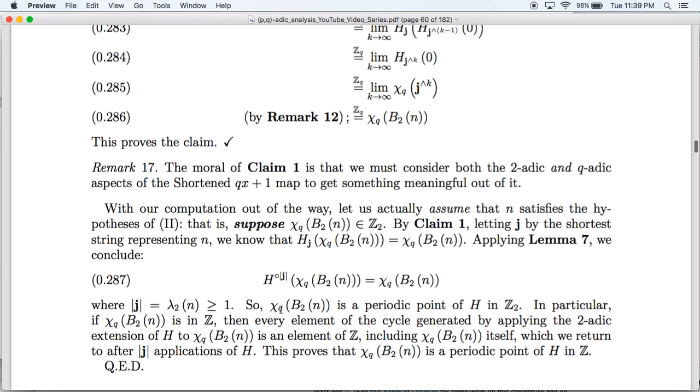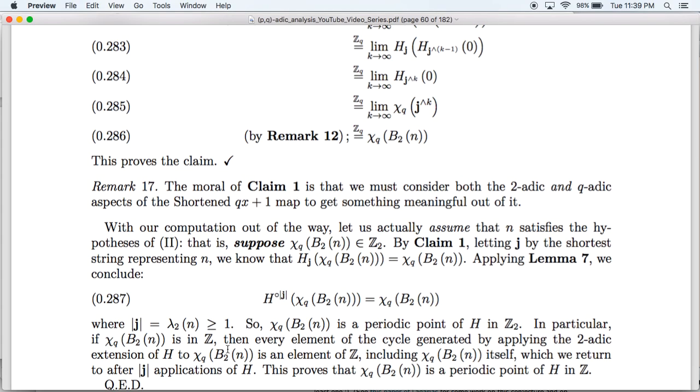So this thing, whatever it is, is a periodic point of h in the 2-adics. In particular, if this number isn't just a 2-adic integer, but a rational integer, then every element of the cycle generated by applying the 2-adic extension of h to this thing is an element of z, including chi-q of b2 of n itself, to which we return after applying h length j times. This then proves that chi-q of b2 of n is a periodic point of h in z, and we are done.